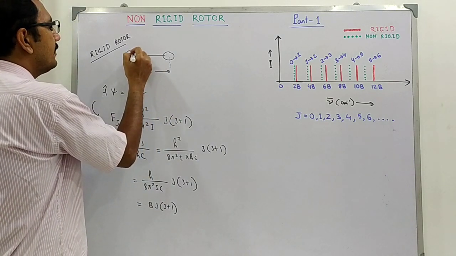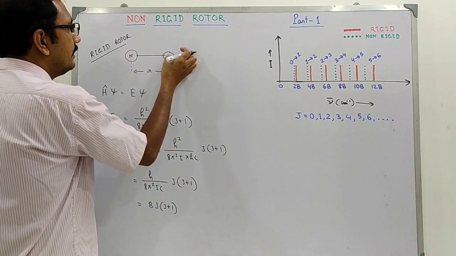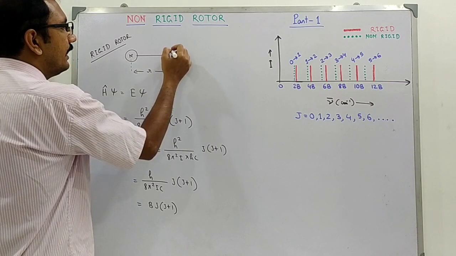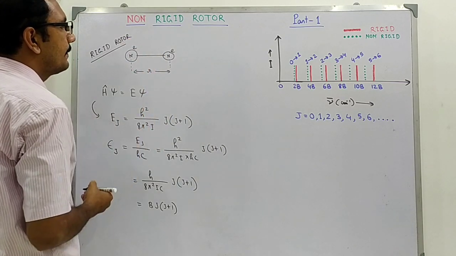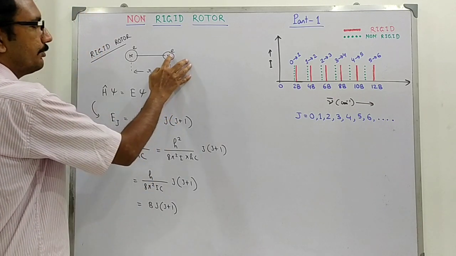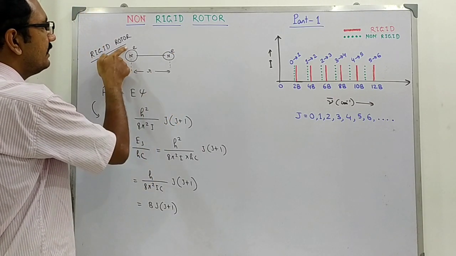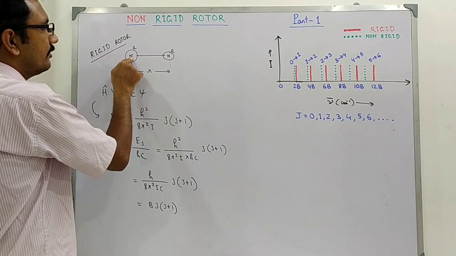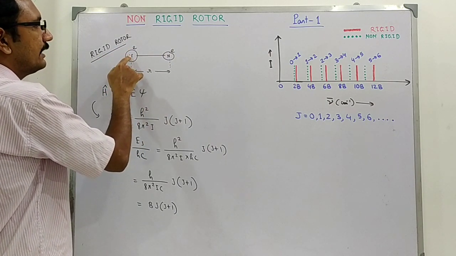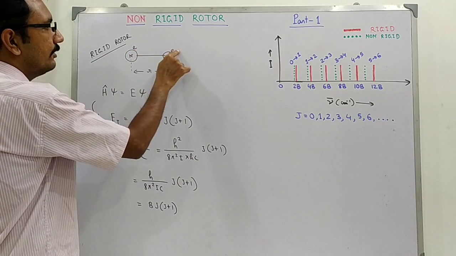So, this atom has a nucleus, this atom has a nucleus, it has electrons, it has electrons. So, in the nucleus we have protons that will attract electrons of itself and of this atom. In this nucleus also there are protons, so that will attract electrons of itself and also of this one.